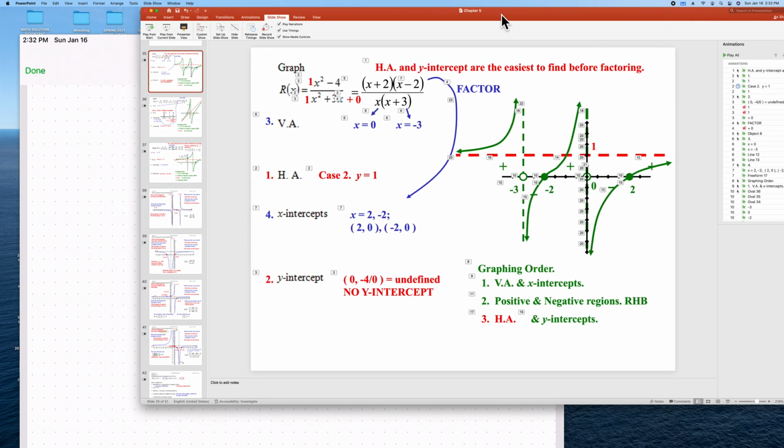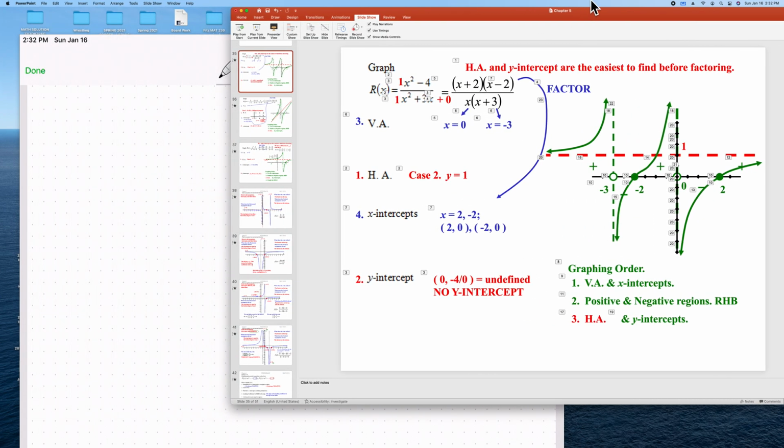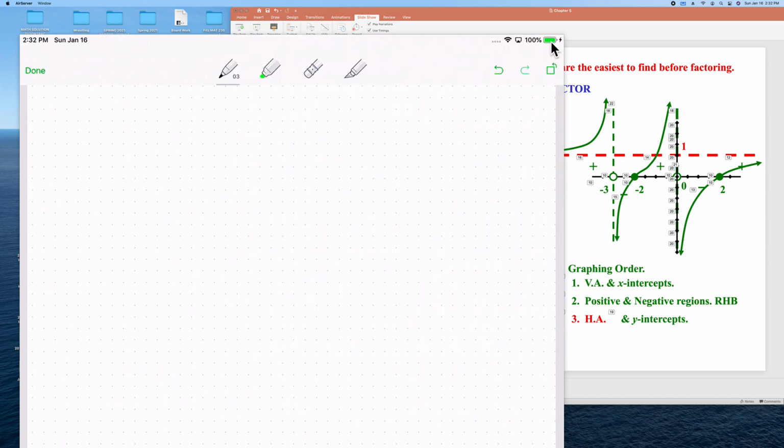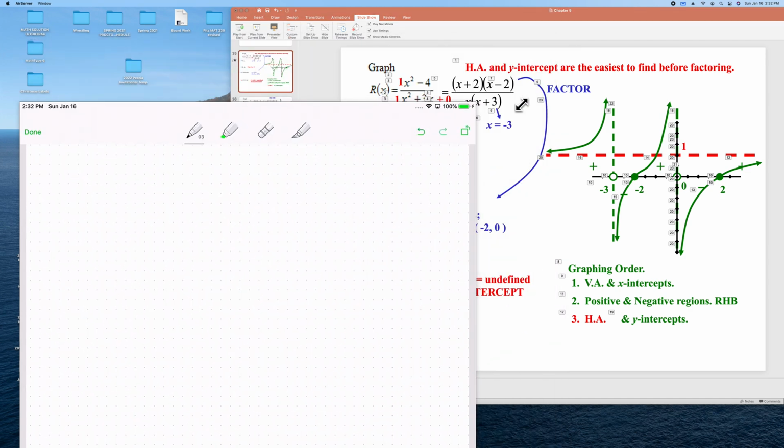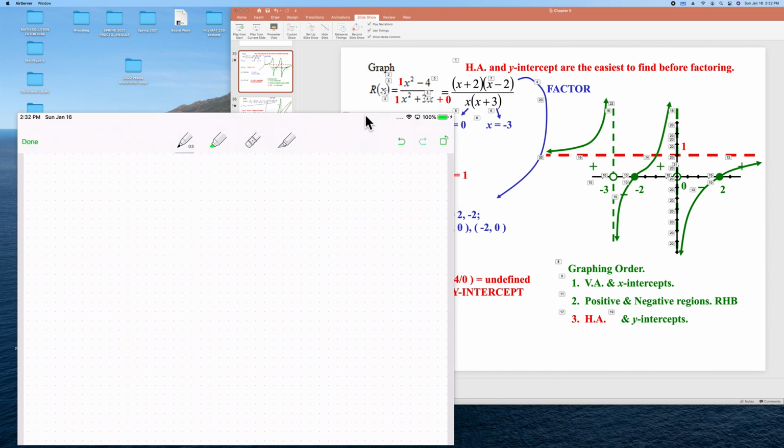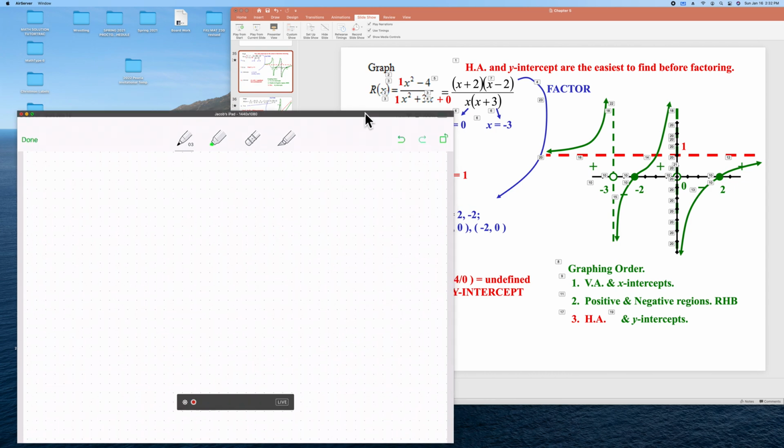So let me get my iPad out and move this over so I can reference it. I need my function. There we go. So here we're going to answer that question. Where does R of x intersect the horizontal asymptote?